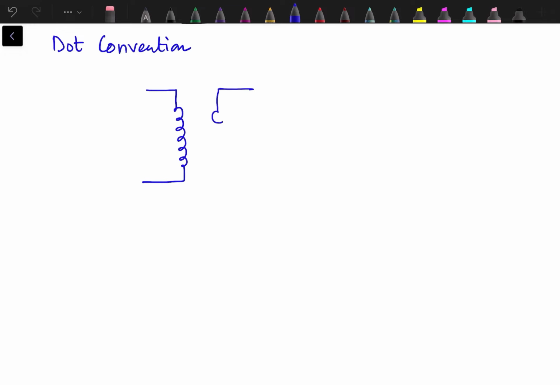Let's say we have two coils or two inductances which are mutually coupled, and a dot is marked over here, which indicates that they have mutual coupling between these terminals. The current in the first coil is I1, and the current in the second coil is I2.